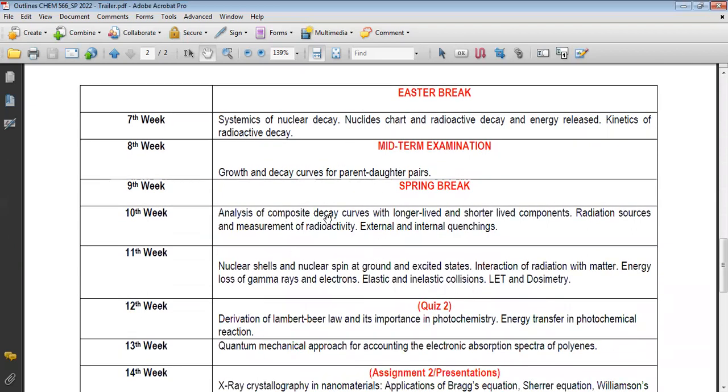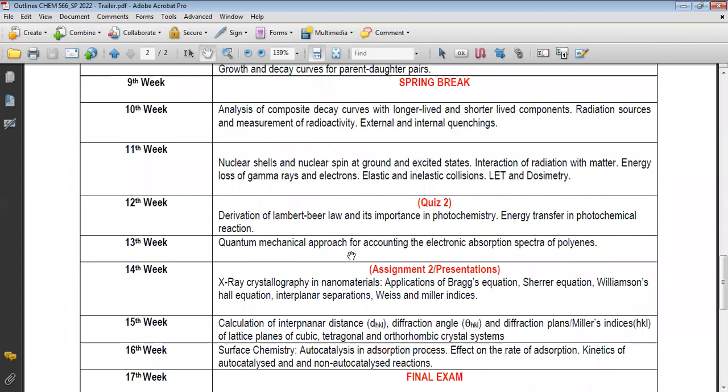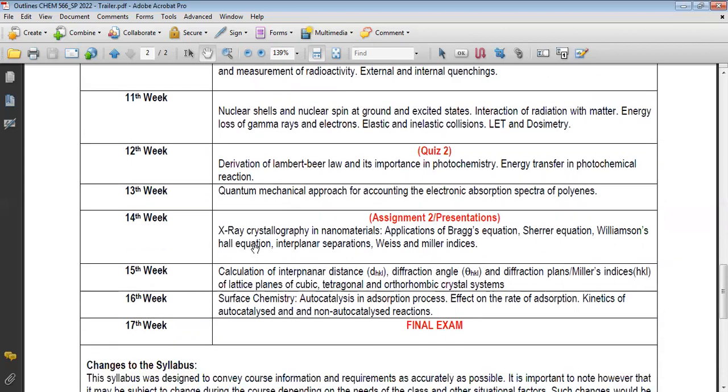I will cover all of these, and then discuss some quantum mechanical approaches, particularly how to calculate the electronic absorption spectra of polyene molecules. With X-ray crystallography, we will discuss in detail how to characterize nanomaterials using X-ray crystallography, and how to develop the Miller indices and Weiss indices, the interplanar distance, or the particle size and crystallite size.